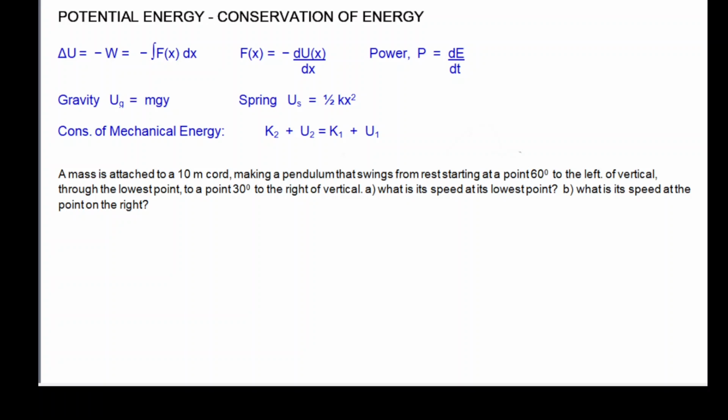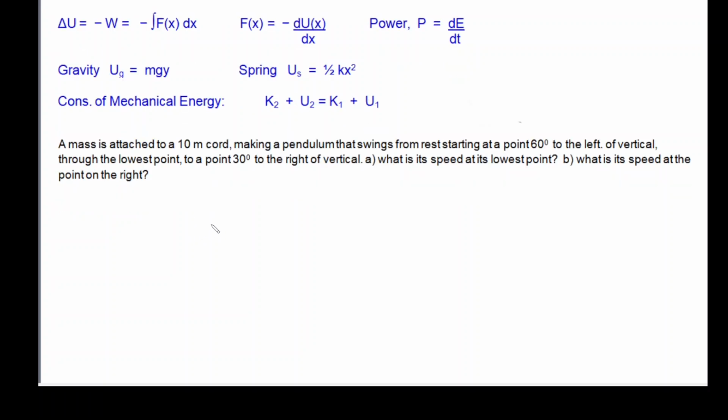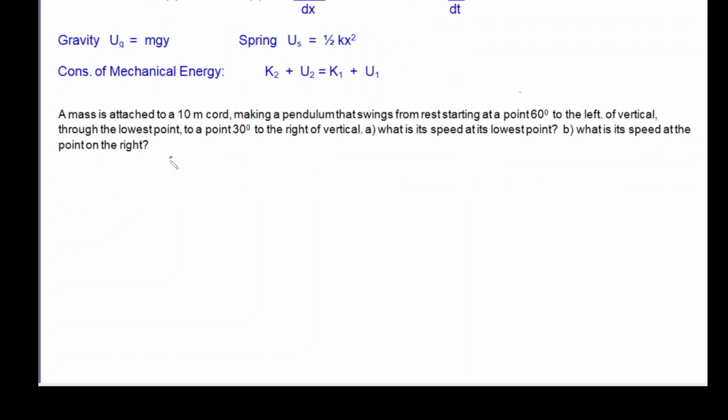Okay, let's make this a little easier and diagram this. So we have a pendulum and it swings and starts at a point 60 degrees to the left and goes to a point 30 degrees to the right, moving in this direction.